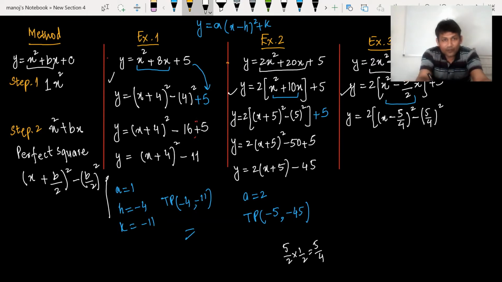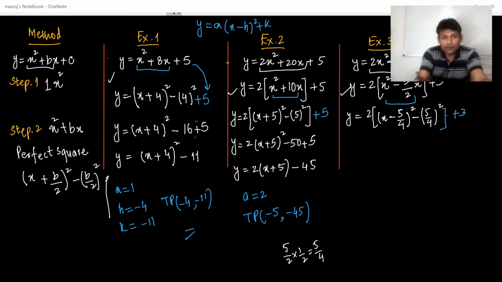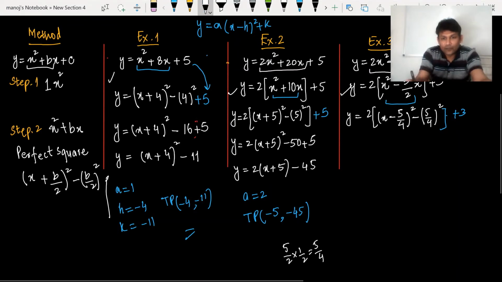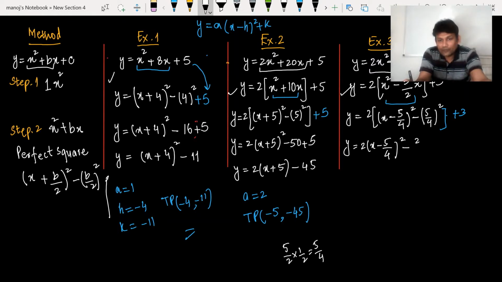Then you have to copy this plus 3, but after the bracket. Now what do you have to do? You just need to multiply this by 2. 5 squared is 25 and 4 squared is 16.